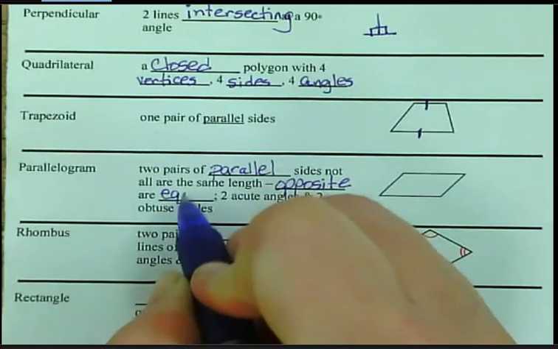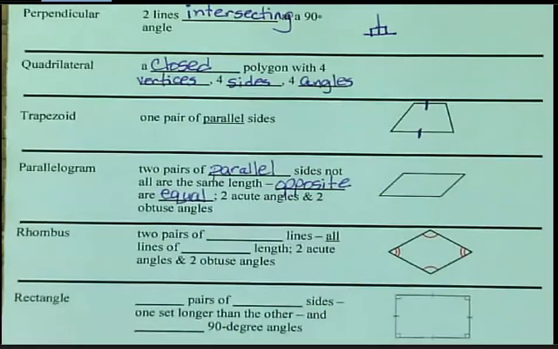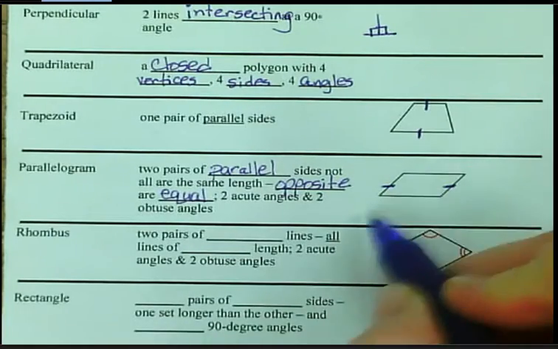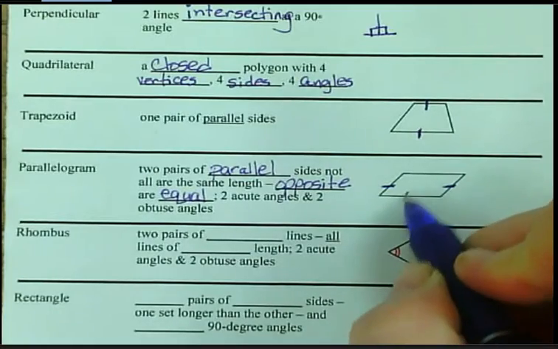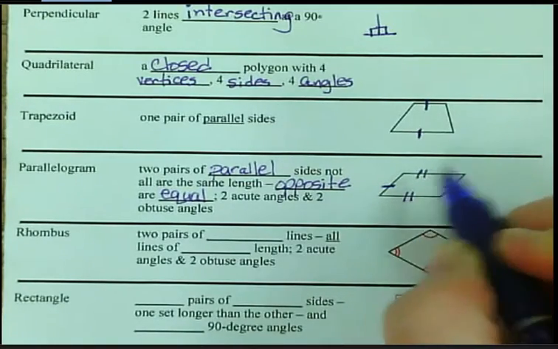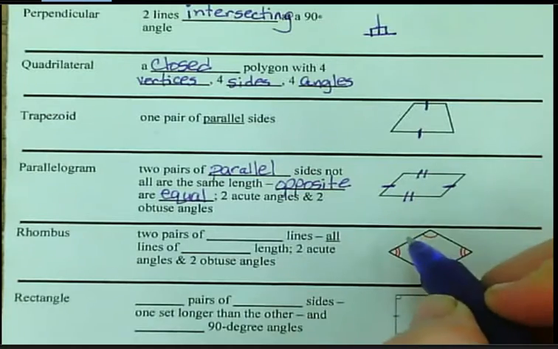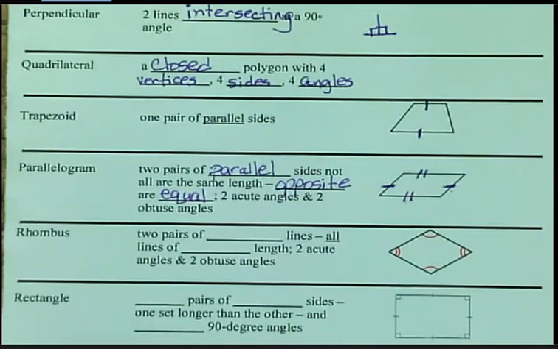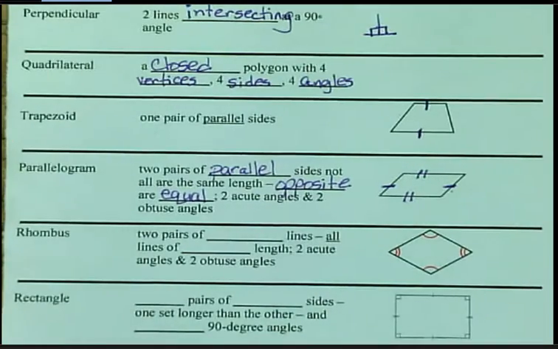So opposites are equal. And you end up with two acute angles and two obtuse angles. So look at this. This one and this one, parallel lines, they're the same length. And then this one and this one, parallel lines, but they're the same length. So because you have two sets of parallel lines that are not all the same length, not all four are the same, that is called a parallelogram.